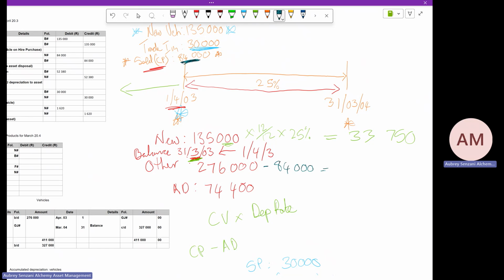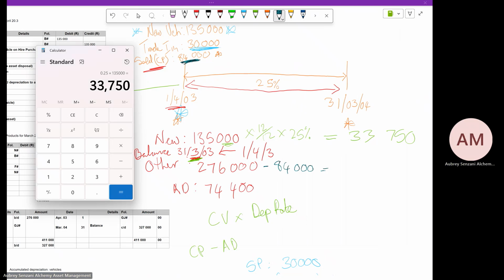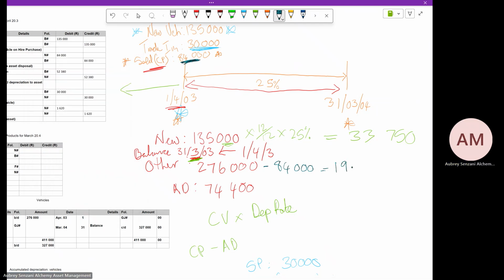So let's quickly calculate it together. 276,000 minus 84,000. So the value of the other vehicles that we have, or let me say the cost price, is 192,000.